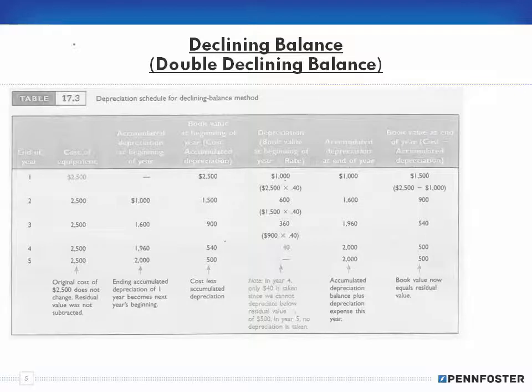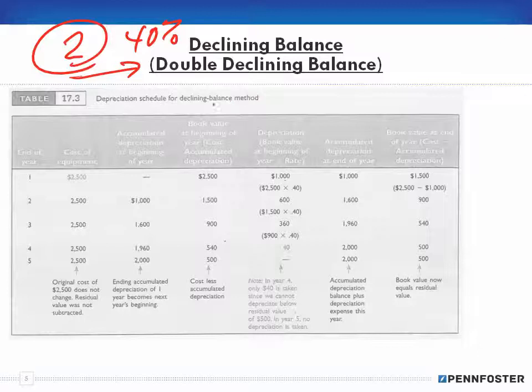Because the greatest factor that you can take is 2, quite often you're using this method so that you can take the most depreciation. If that's the reason why you're choosing this method, then it makes sense to use that factor of 2 so that you can depreciate by 40%, the most that you possibly can. And because you're using the 2, it's often called double declining balance.